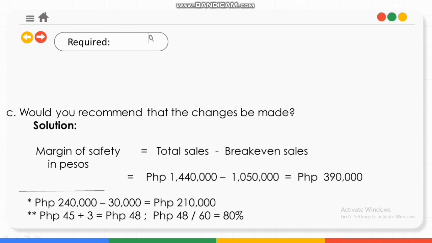Margin of safety in pesos is equals to total sales minus break-even sales. Ang total sales is 1,440,000 minus yung break-even sales na 1,050,000 pesos. Ang margin of safety in pesos is equals to 390,000 pesos.